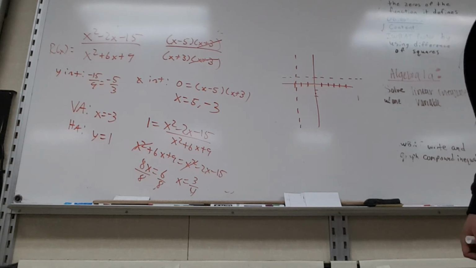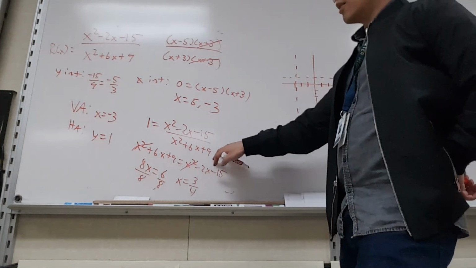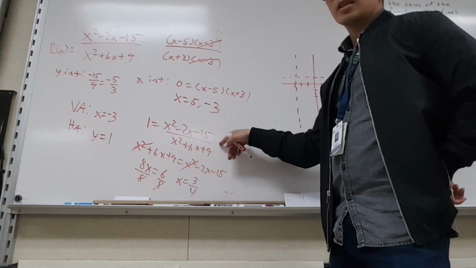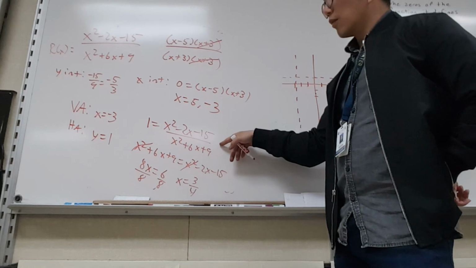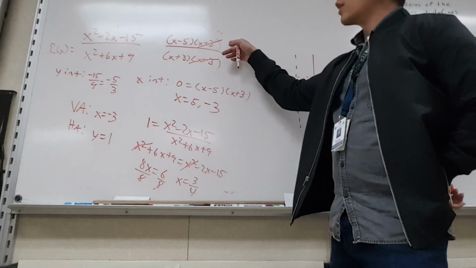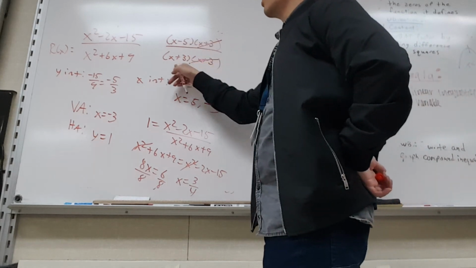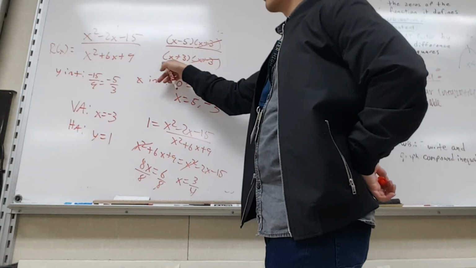Oh, okay. I made a mistake with the horizontal asymptote here. I wasn't supposed to use the original for the horizontal asymptote. If you're able to cross something out, you actually are supposed to, and I forgot about this, use your simplified version.